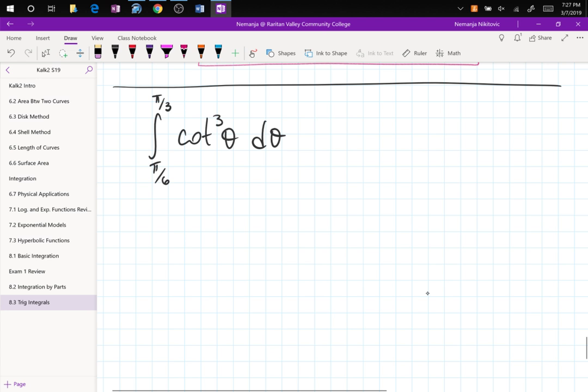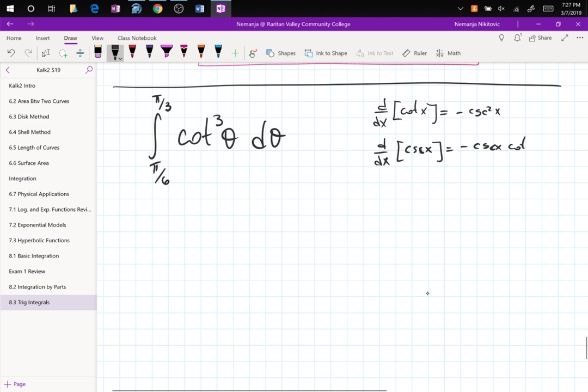Cotangent cubed. Great. What are my 2 banks for cosecant cotangent? The derivatives. So you have the derivative of cotangent x, very good, and then you have the derivative of cosecant x, excellent.